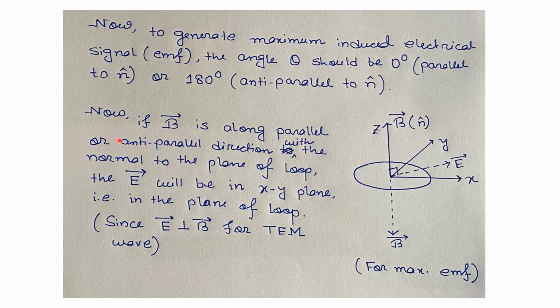Now if the magnetic field vector B is parallel or antiparallel to the normal to the plane of the loop, the electric field vector of the EM wave will be in the xy plane, that is in the plane of the loop, since the electric field vector and magnetic field vector are mutually perpendicular for a TEM wave, that is transverse electromagnetic wave.